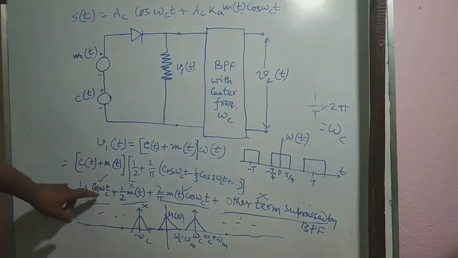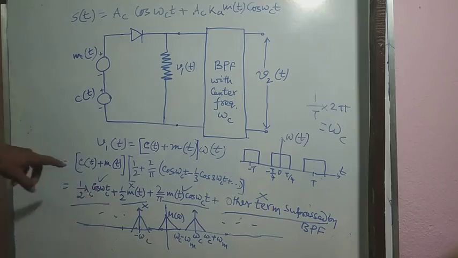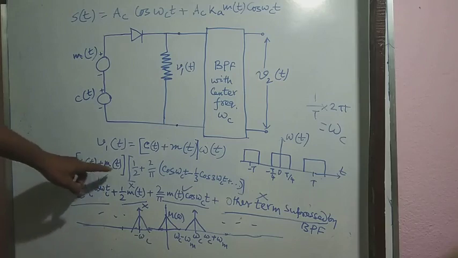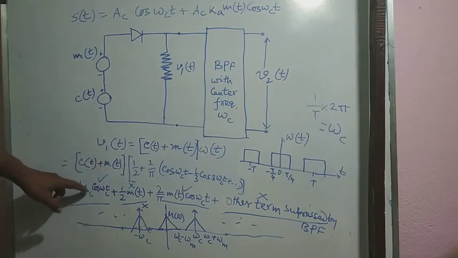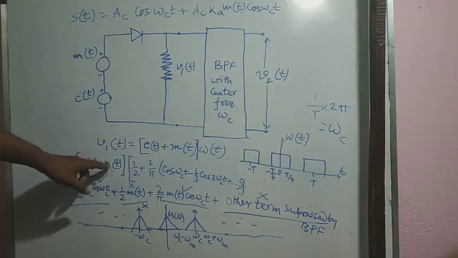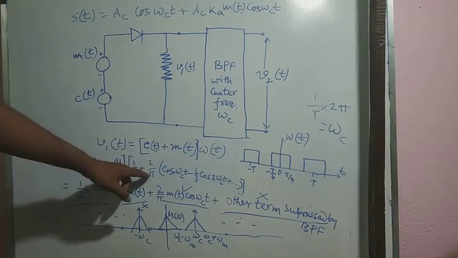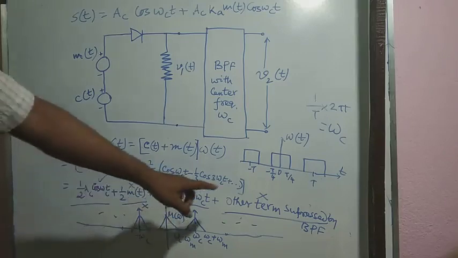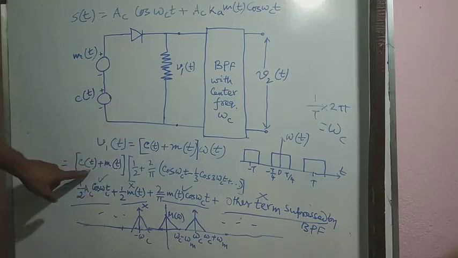In this expression, C(t) is written as A_c cos omega c t. So this is half into C(t), that means half A_c cos omega c t, plus half into M(t), plus 2 by pi cos omega c t into C(t).